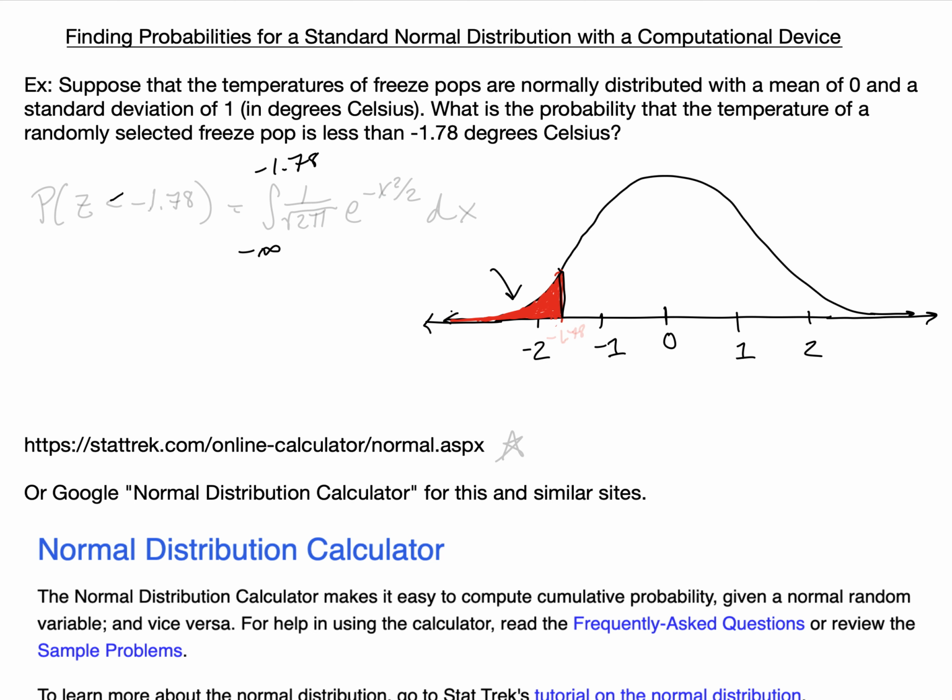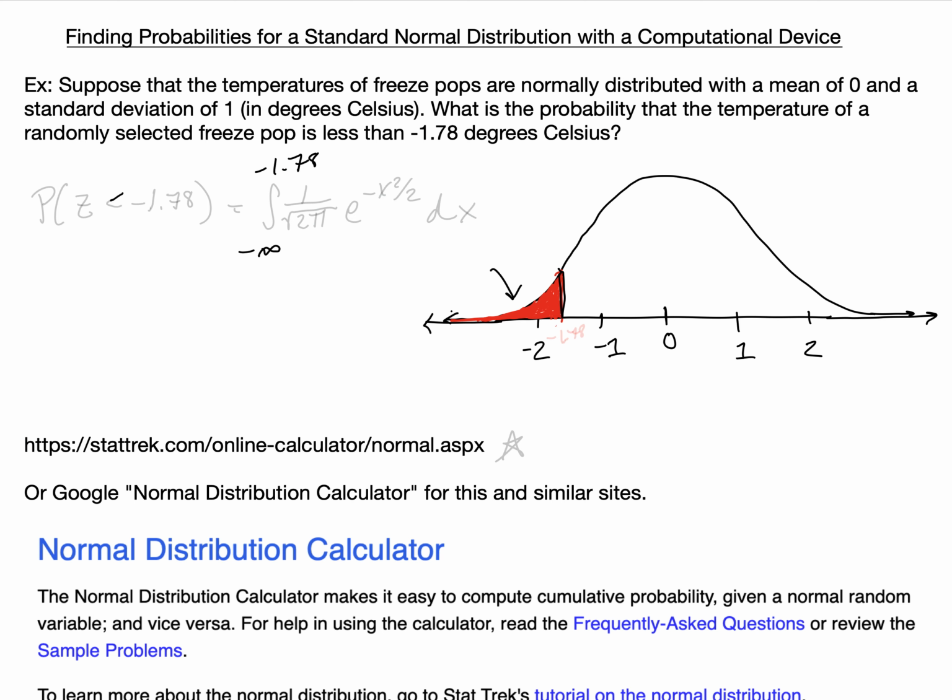However, basically no one actually does this as an integral because it's a difficult integral to do. Most people either use a table of values or a program or a calculator or an online computational tool. So in this video, we're going to use an online computational tool to do this.